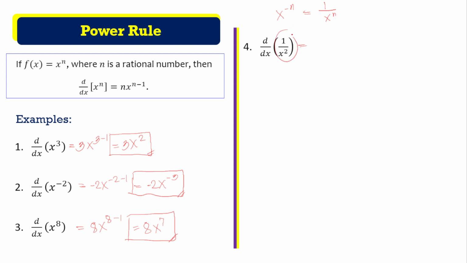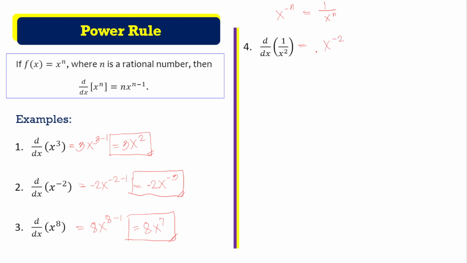Now in this form, we will write it to here. If it has the positive exponent, we apply the reverse process of the property of exponent, from here to here. That means there is a variable x with an exponent of negative 2.